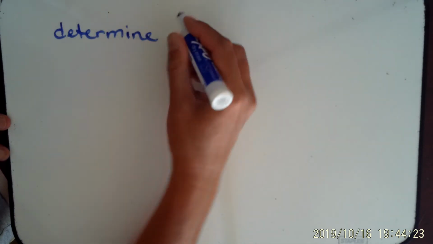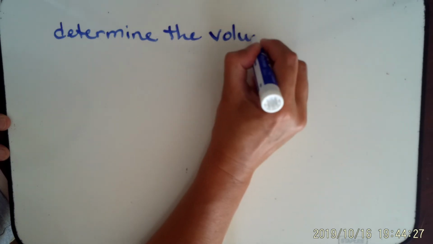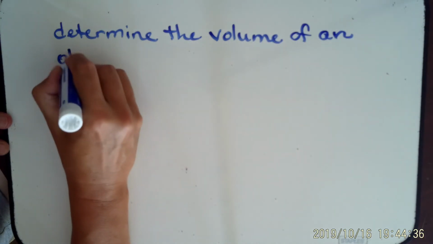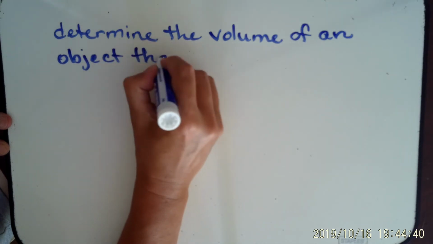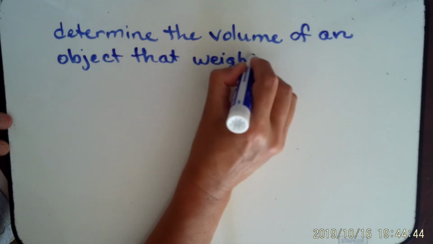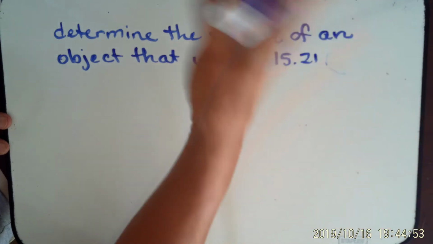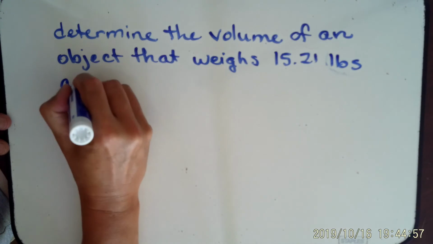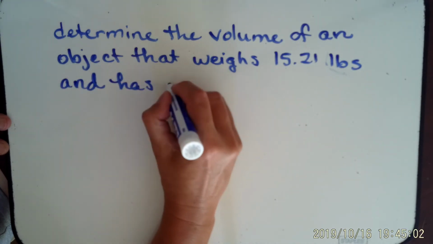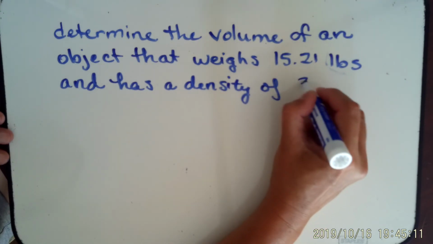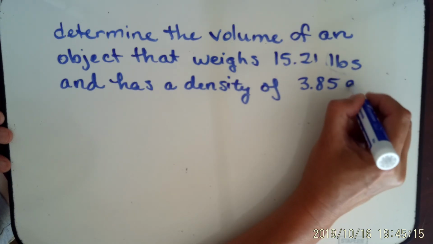Determine the volume of an object that weighs 15.21 pounds and has a density of, let's say, 3.85 grams per cubic centimeter.